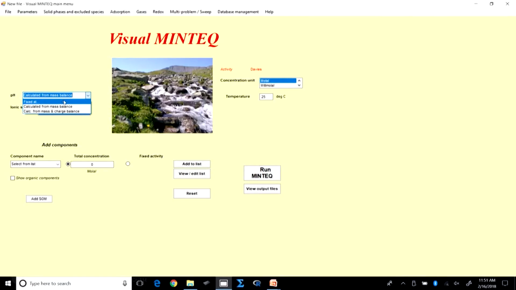I am trying to set up the problem so that I have an infinite amount of calcite, the solid, in equilibrium with my particular water. And what's the final total concentration of calcium that's going to be present in the water? Obviously, I need to specify some pH. So let's go with neutral pH, and let's just run MINTEQ.